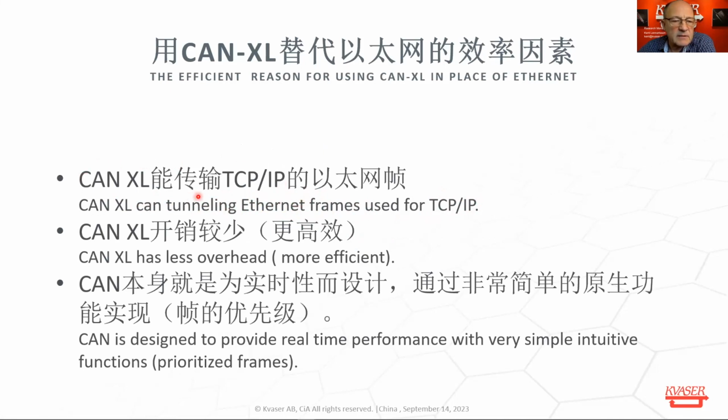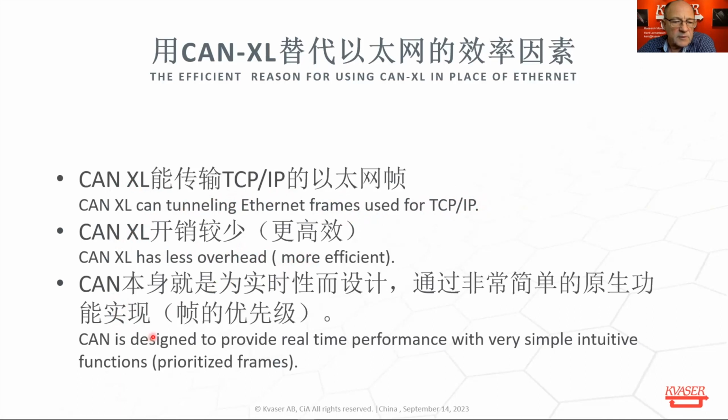But with CAN-XL, you can take the complete Ethernet frame, put it into CAN-XL, and send it, so you get unfragmented TCP/IP Ethernet frames. And CAN-XL is actually more efficient than Ethernet because it has less overhead.